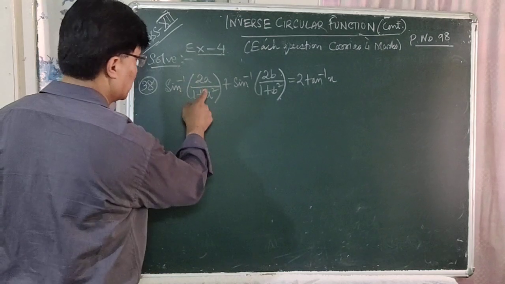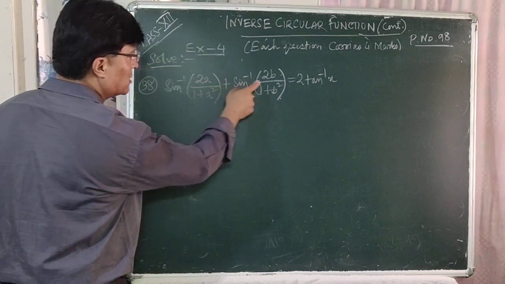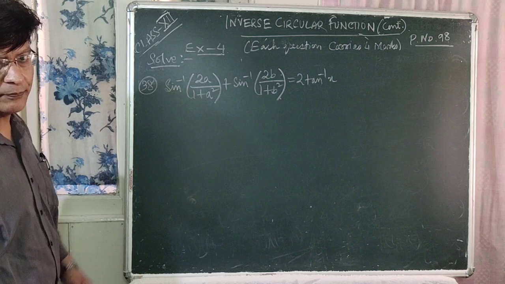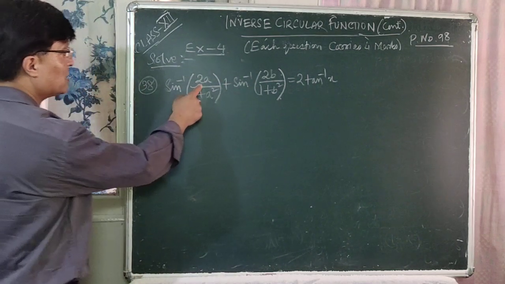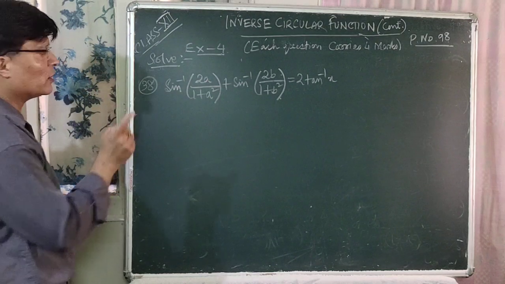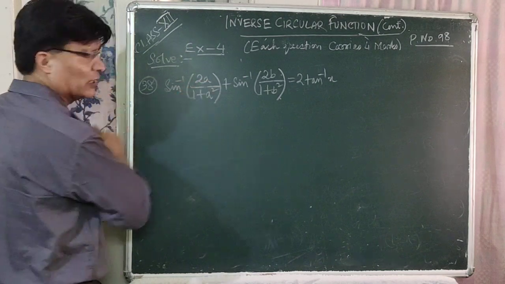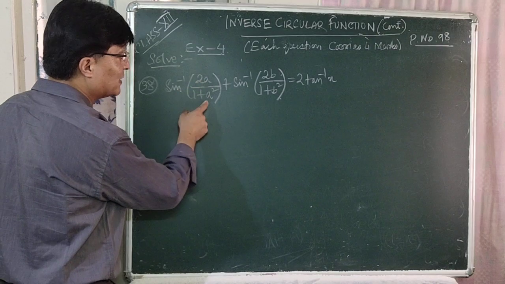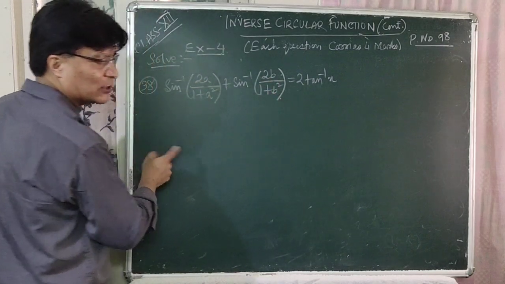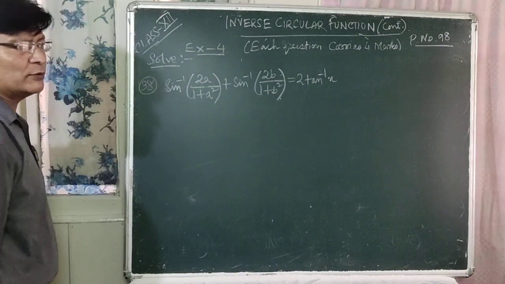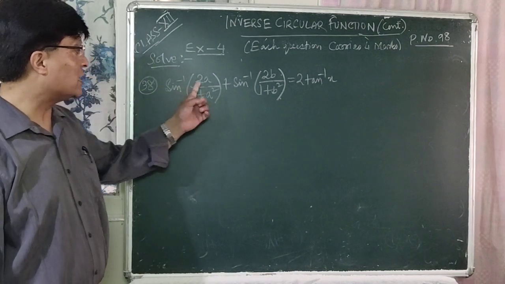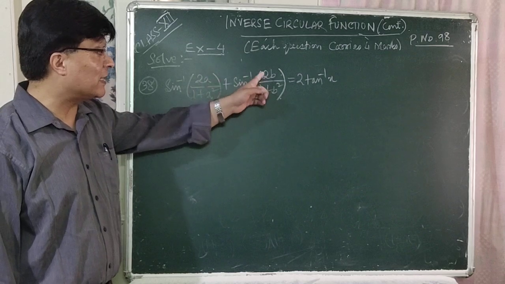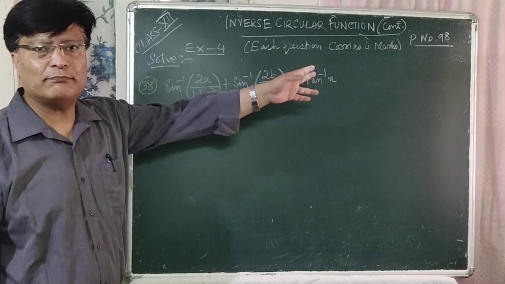So let us do the trigonometric substitution here. What should you put for a as well as b? In this case, which trigonometrical function will you put here? You should put a is equal to tan theta, so that it can be in the form 2 tan theta divided by 1 plus tan square theta. But if you put a is equal to tan theta, then you should put b is equal to tan beta.